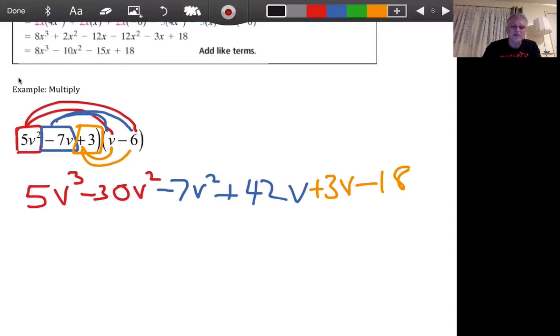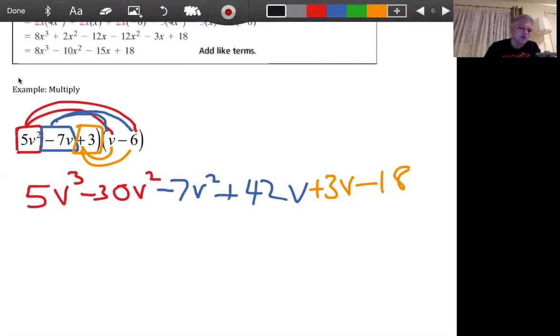Minus 7v, you multiply by the 2 terms in the second set of parentheses, you got these two lovely blue terms here in the middle. Took the plus 3 and multiplied it, and you got the lovely orange terms at the end. Notice you got 2 from the first, 2 from the second, and 2 from the third. Right? So now we look for like terms.